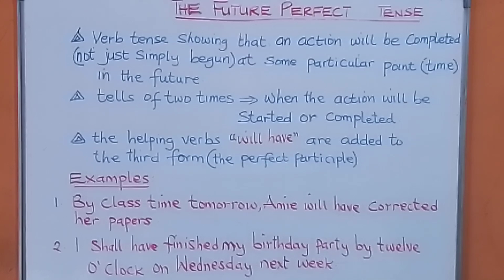And we have some examples there. By class time tomorrow, Amy will have corrected her papers. I shall have finished my birthday party by 12 o'clock on Wednesday next week. An action that will happen, when it will happen, and or when it will end is all stated, it's all known. That is what we call future perfect tense.